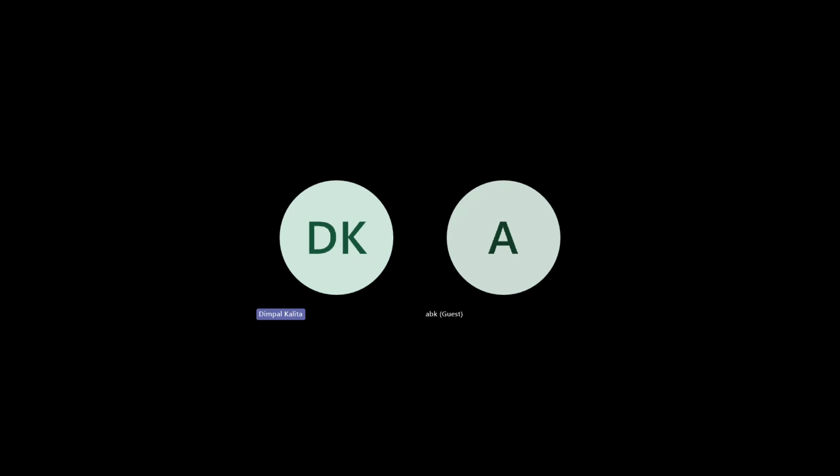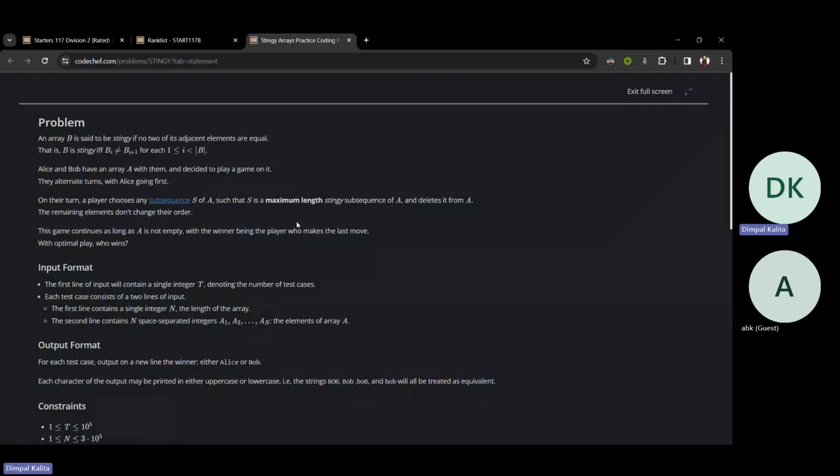So the name of the question is Stingy Arrays. In the question, a stingy subsequence is defined as one where, for index i, b_i and b_i plus 1 are not equal. If b_i and b_i plus 1 are not equal, we have to take those as a subsequence, and we have to remove the maximum length stingy subsequence.